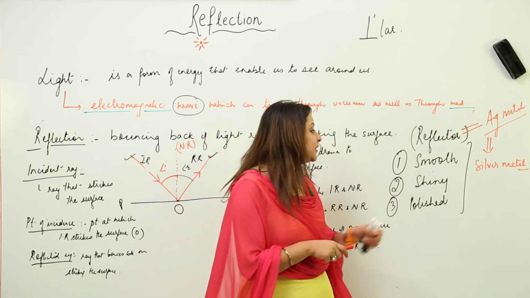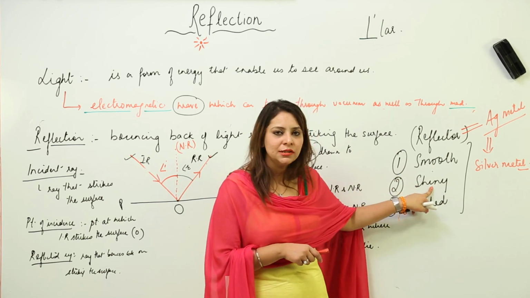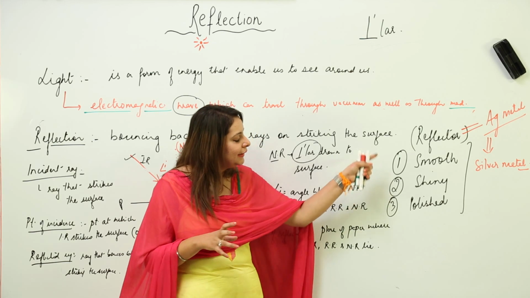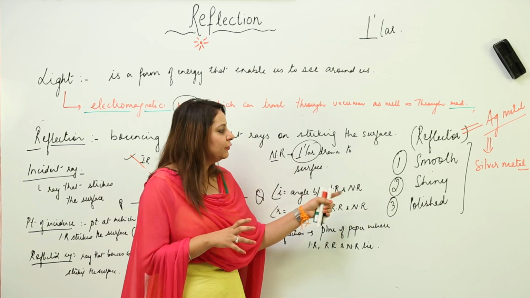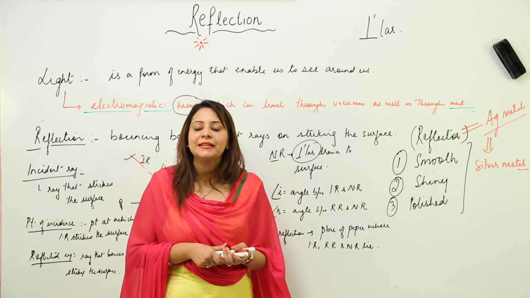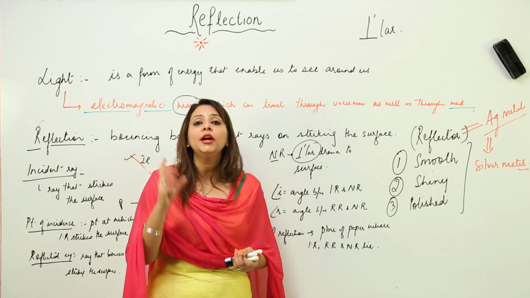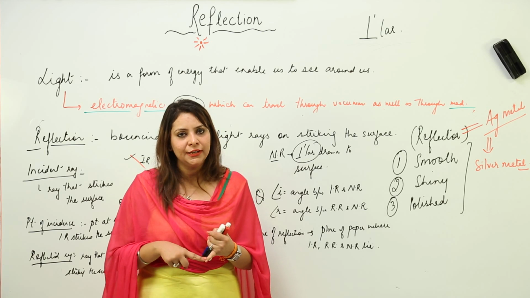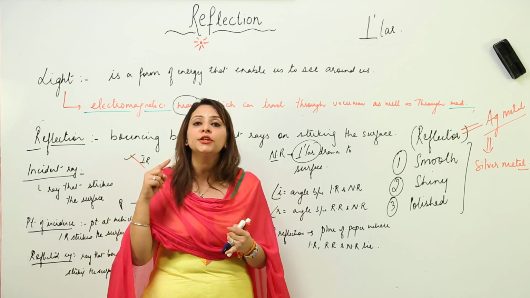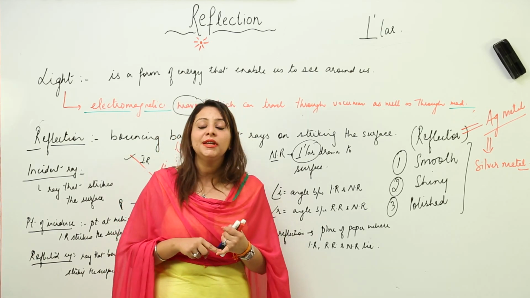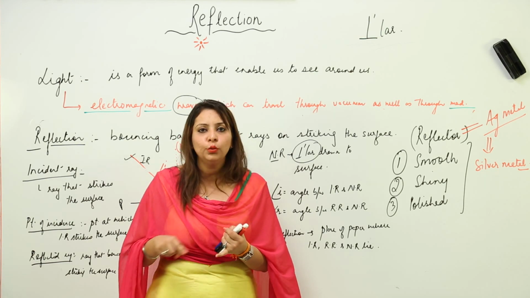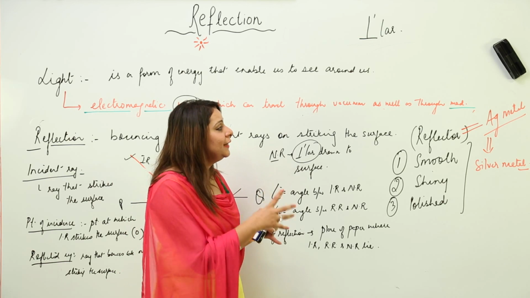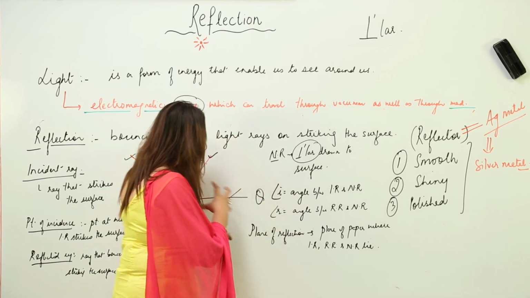The best reflector is that which has a smooth surface, shiny surface and polished surface. Why do these three things make silver metal the best reflector? Because it is not going to show any kind of absorption of the light rays, and moreover it is not going to allow any transmission. That means it will not allow the light to pass through it, not partially, not completely, and all the light which falls on it will completely bounce back.